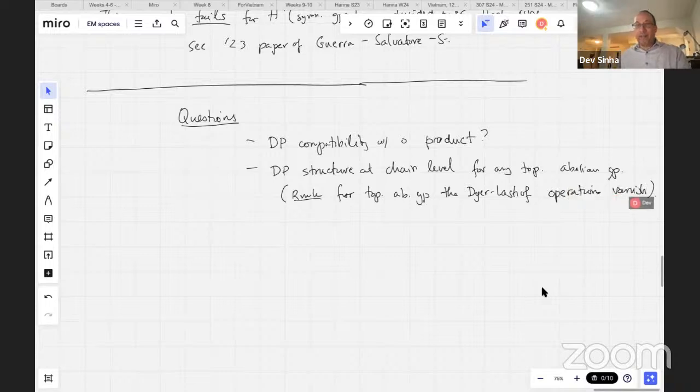And this is kind of a substitute for those. You have this very strict condition of being a topological abelian group. Your Dyer-Lashoff operations vanish, but you still have some sort of divisibility in your powers, so divided powers.